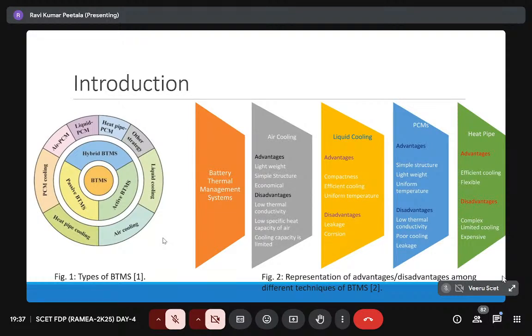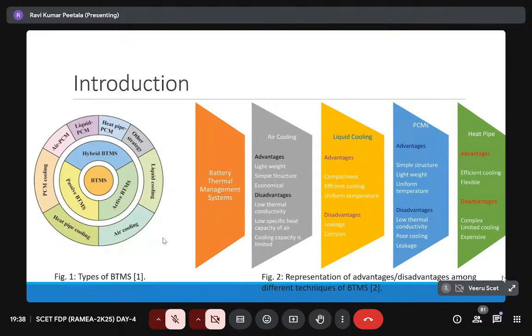For cooling the battery pack, we need to use some kind of device or give some power to the fluid so that it passes over. That is the reason we call it active BTMS. Hybrid means the mixing of these two. We use air and PCM, liquid and PCM, heat pipes and PCM. These are combinations of the two, and we call it hybrid.